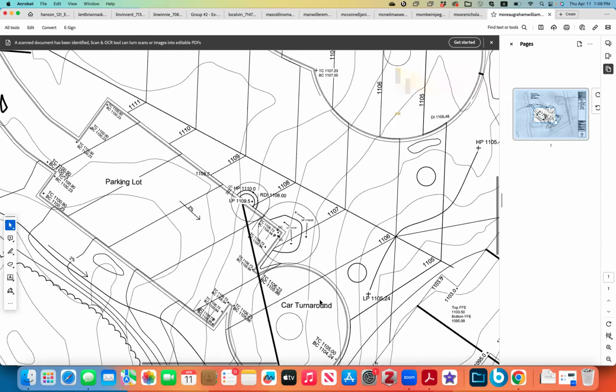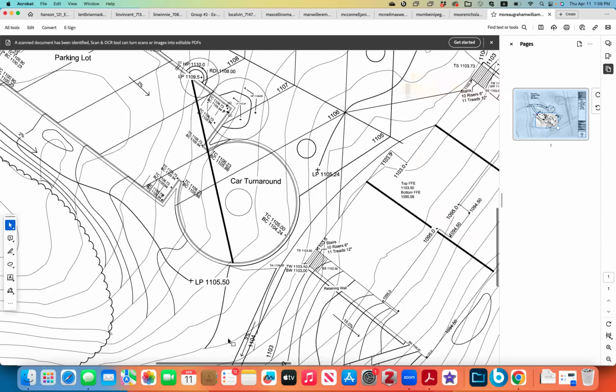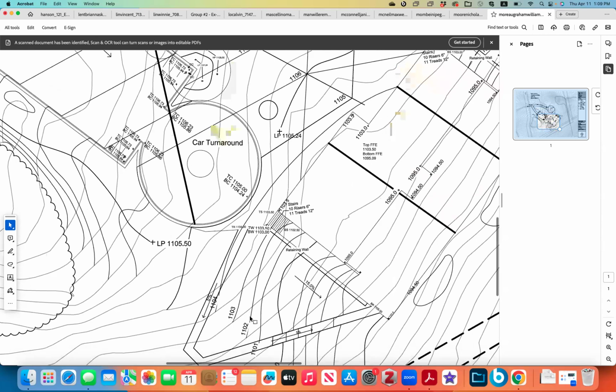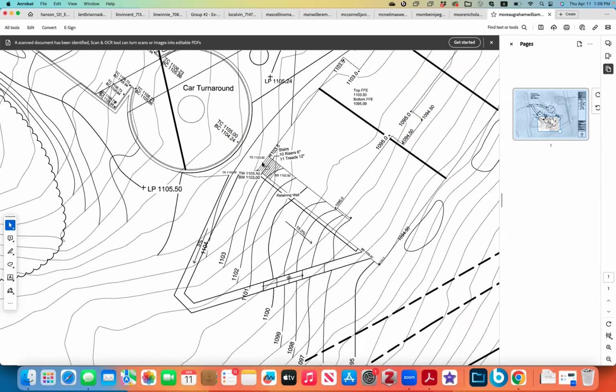Well, I think it's above 20, compared to your parking space here. So you really need to start from the plaza elevations here based on that contour. And then your bottom of the ramp elevation based on this elevation and the 2% slope down.